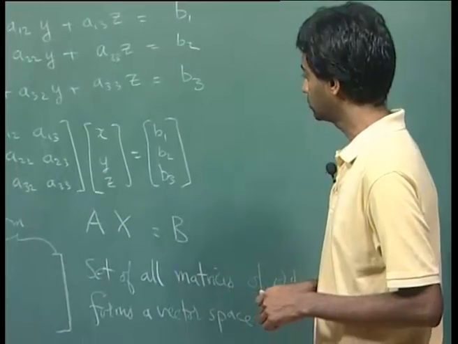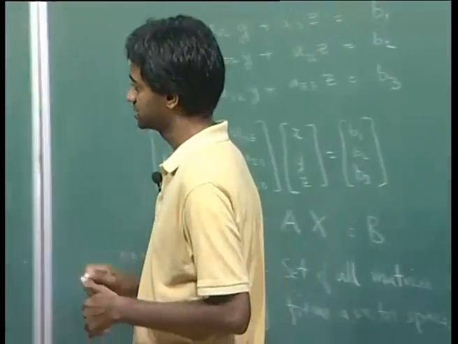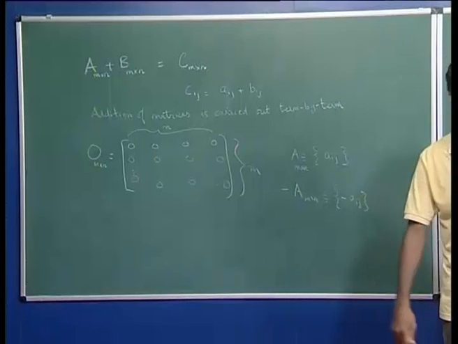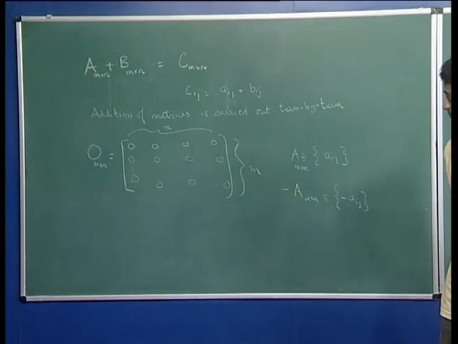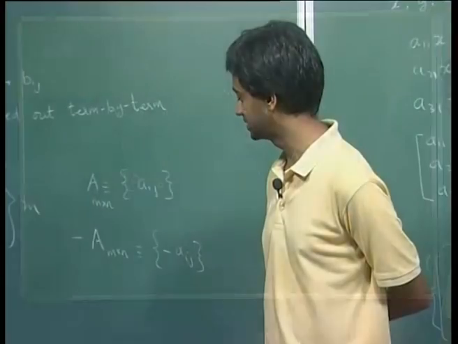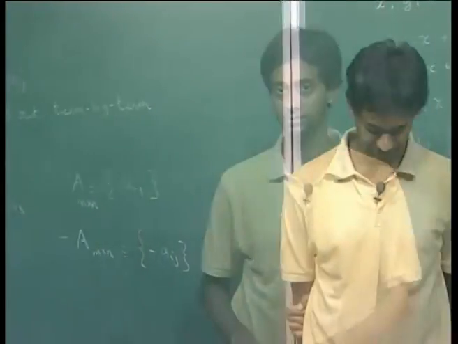Okay. So now next what we are going to see is a very important application of matrices, and in order to do this, we will define something called the rank of a matrix.